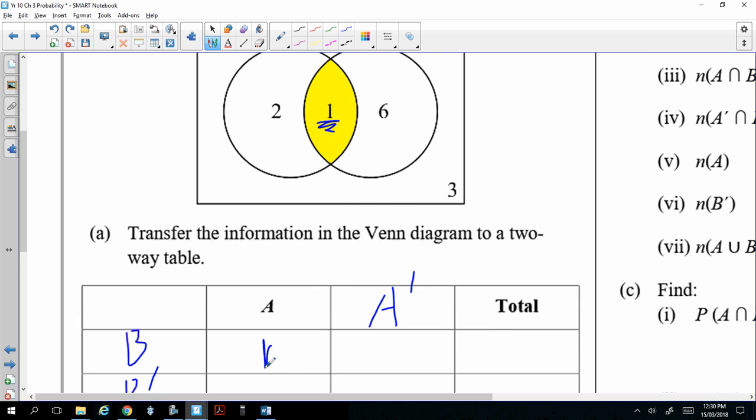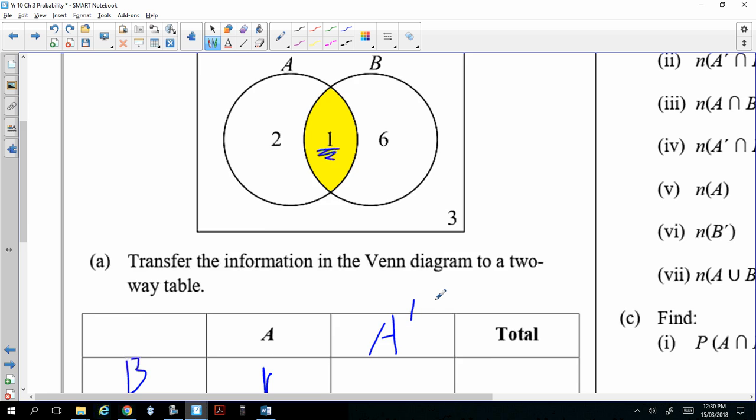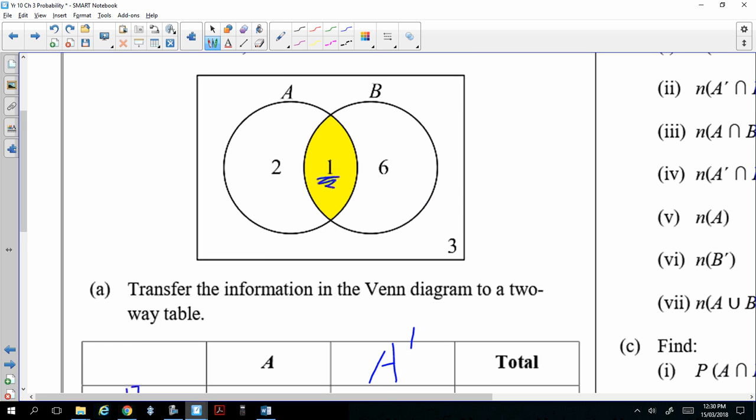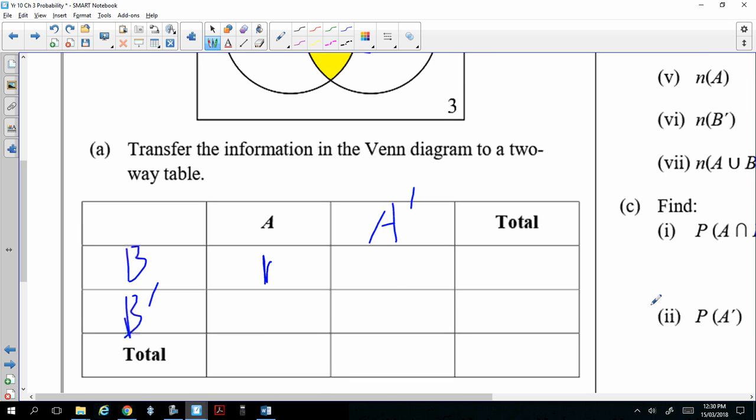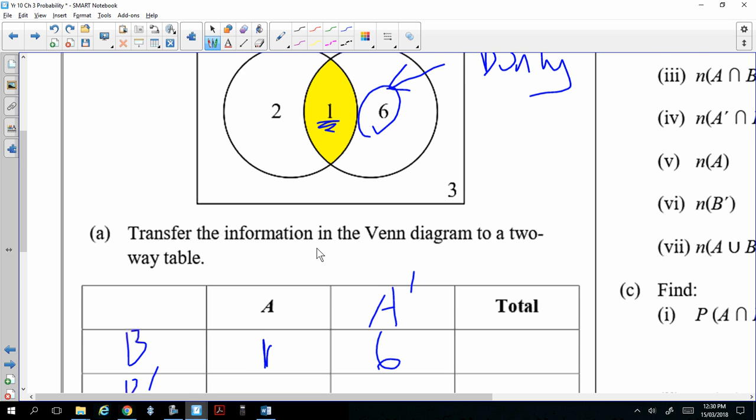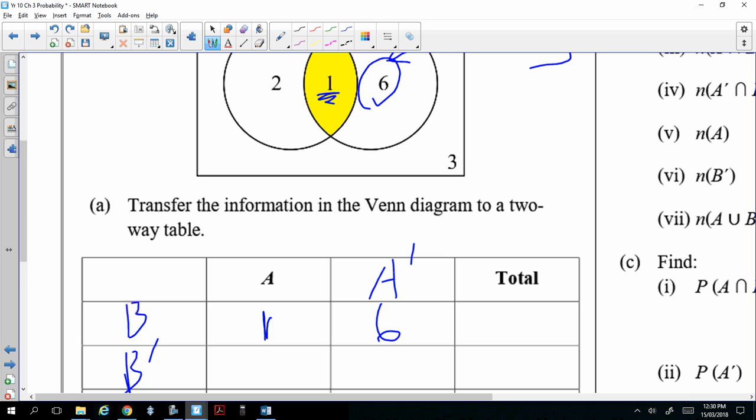B only is 6. And the A only is 2. And neither in A nor B, that will be 3.